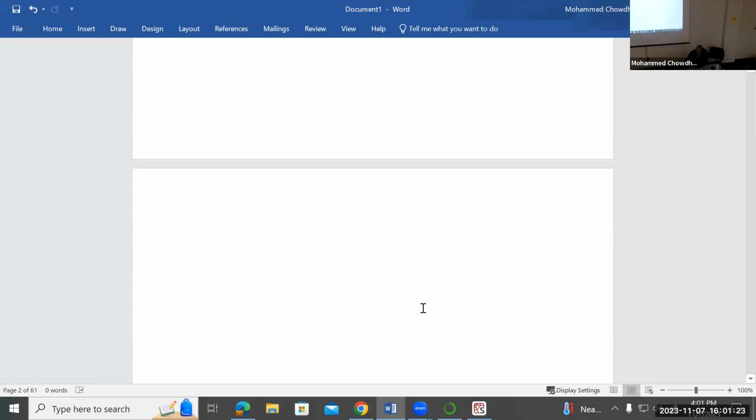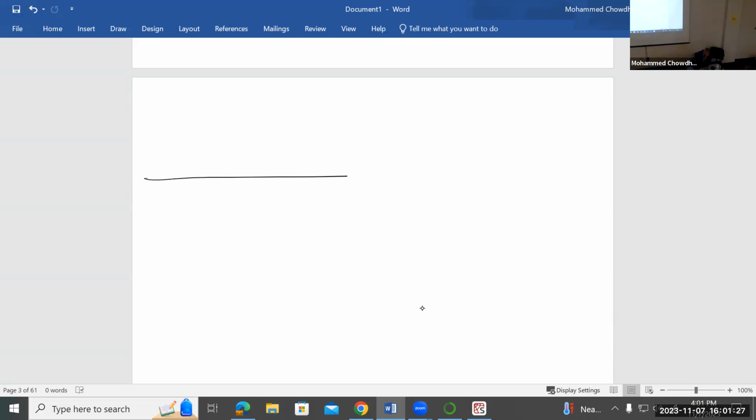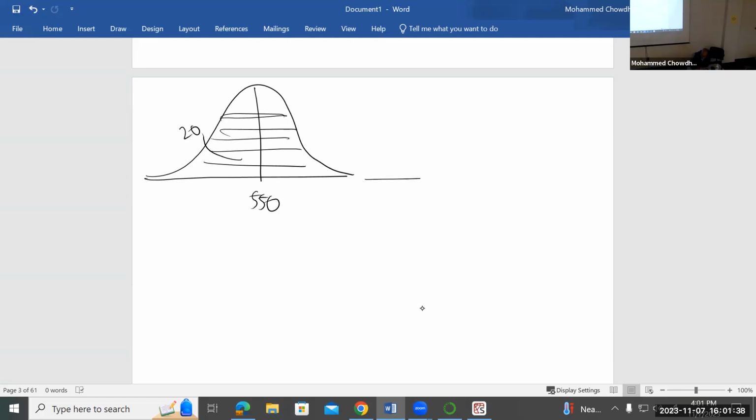Let me clarify one idea. This is one normal distribution. This is 550, and this spreadness gives you the standard deviation, which is equal to 20. Now I have another normal distribution, which looks a little like this.